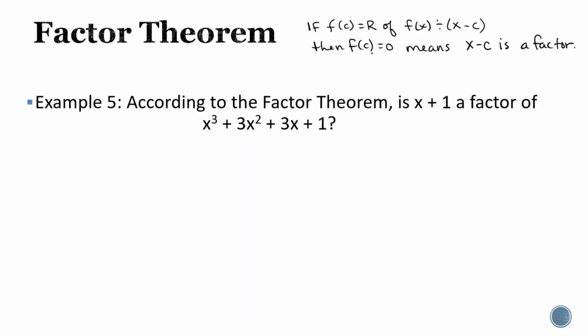Because basically, if f of c equals 0, this means the remainder equals 0.